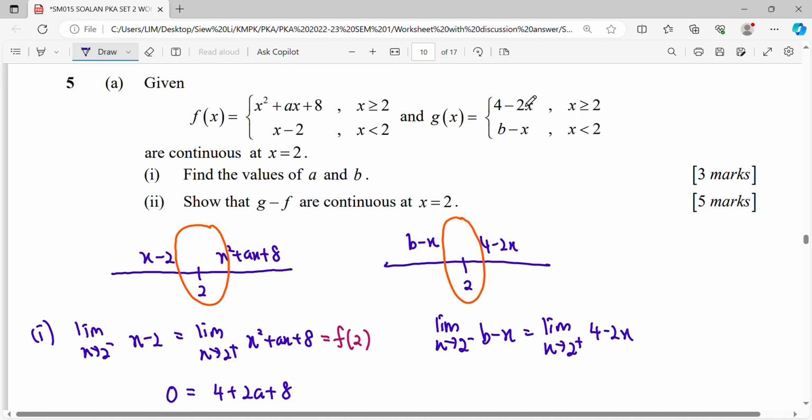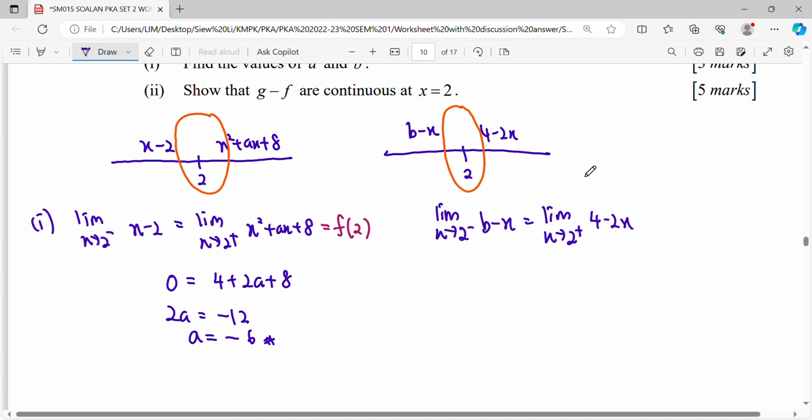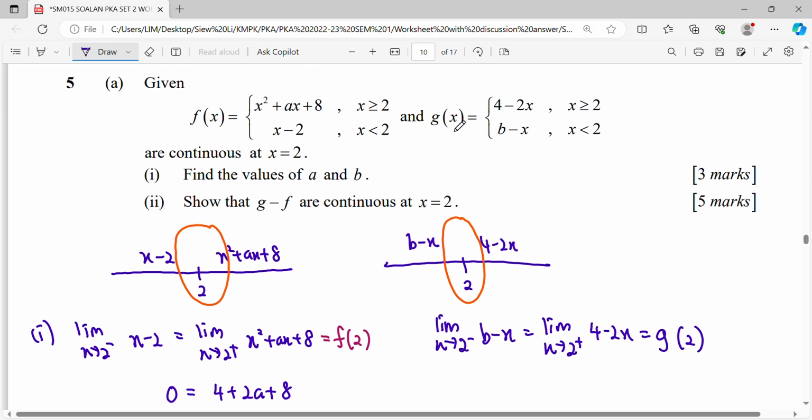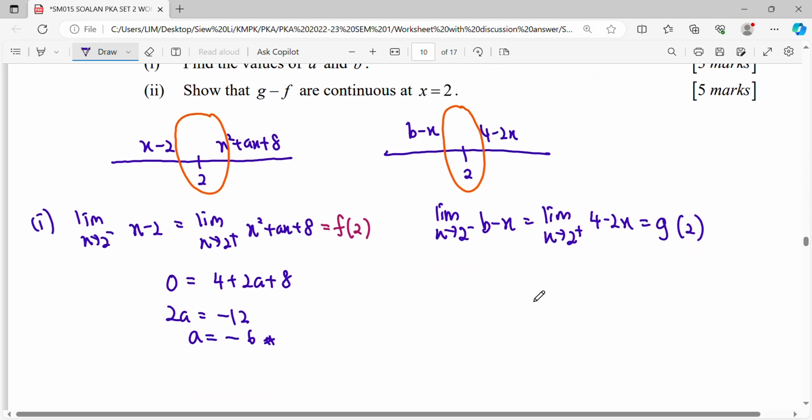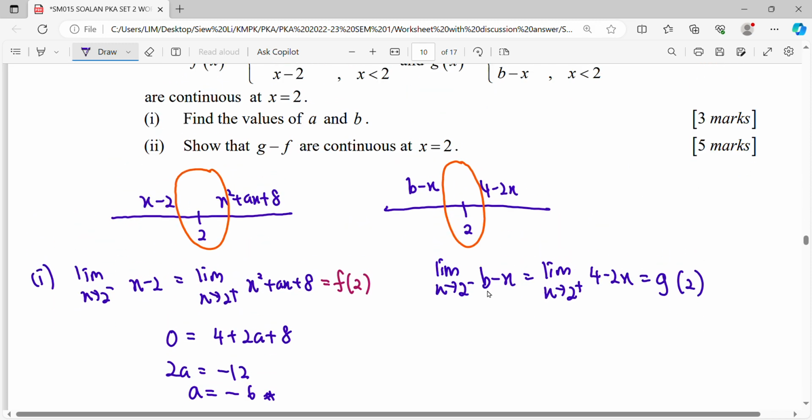So g(2) is 4 minus 2x, which is at the right hand side here, so it will be equal to g(2), the point of 2 at function g. Then we substitute. So b will be equal to 2.